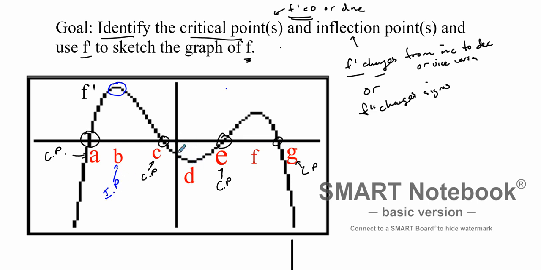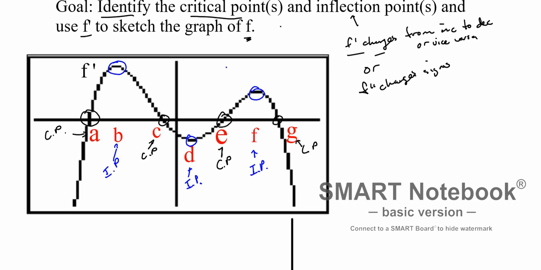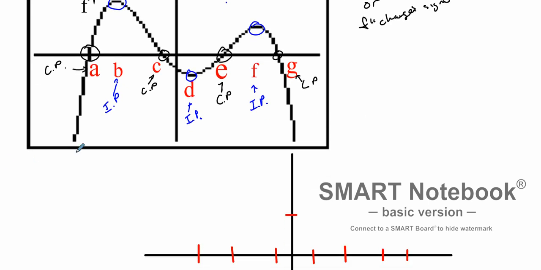Right here, we see another going from decreasing to increasing, so D is another inflection point, IP. And then right here, going from increasing to decreasing, so F is another inflection point. Okay, so we found our inflection points, we found our critical points.